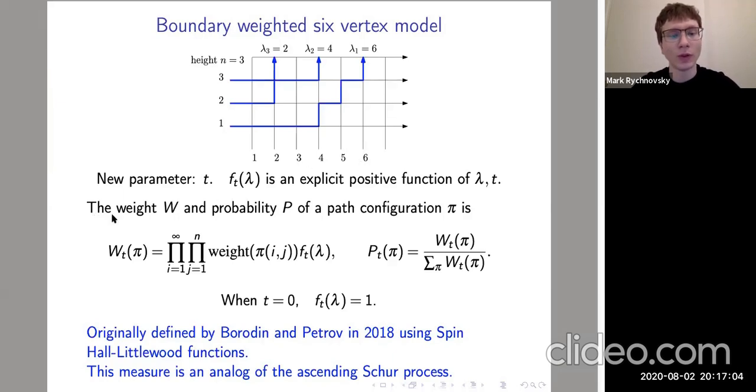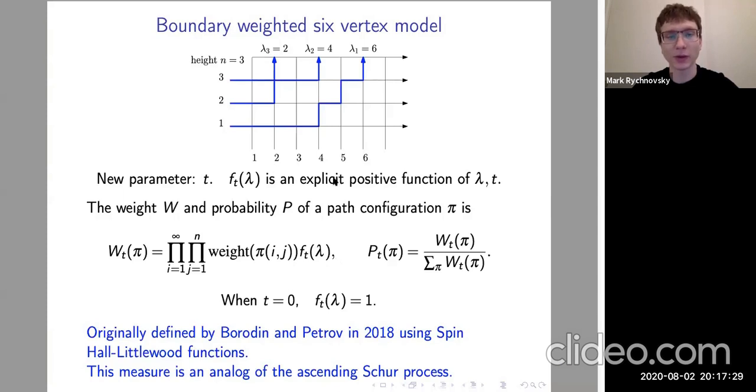So we're going to assign weights to all of these collections of paths using the same procedure as before with the same vertex weights. So we take the product over all vertices in this rectangle of the weight of that vertex. But now we also multiply by a boundary term, which is denoted f_t of lambda, and is just some positive function that depends on lambda and t.